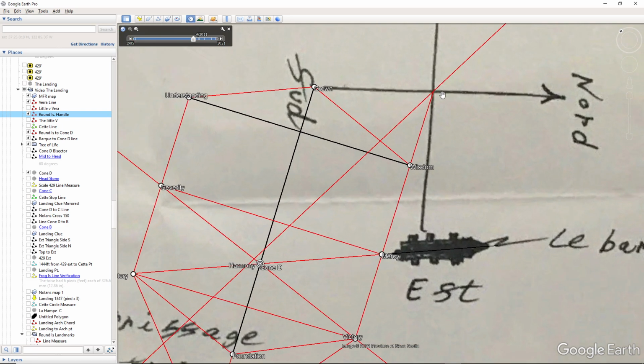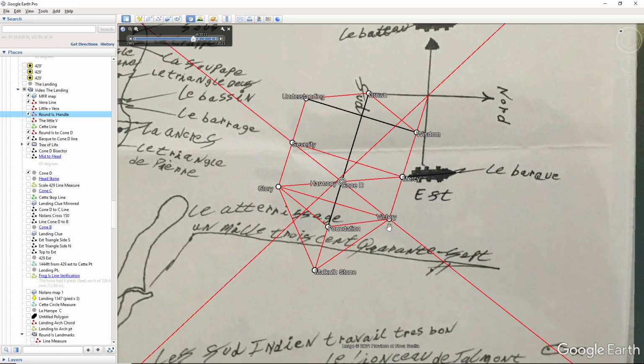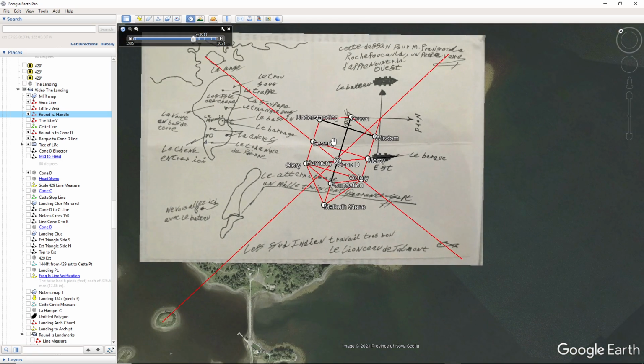I'll leave a link in the description. And this is pointing to, again, the center of Laham. So obviously, this is a very important spot in the tree of life. And I find it very interesting how this corresponds to the tree of life now. I didn't really quite think that it would, but I'm finding now that it does.